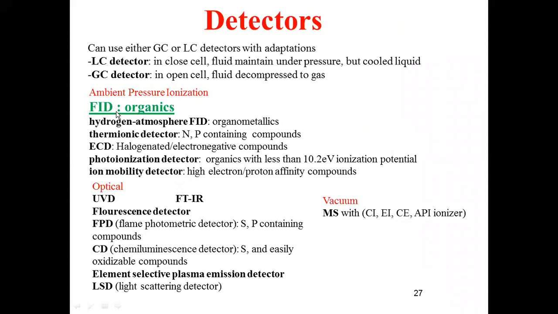Flame ionization detector means there will be a collector electrode and a repeller electrode. Due to the ionization process over the surface of the flame, the ions are going to be captured. Positively charged species are going to be captured by the cathode, and hence there will be a deflection. There will be an increase in the current, and that current is directly proportional to the concentration of the solute, or the relative positioning of the peak will be with respect to the solute present when it is compared with the standard.